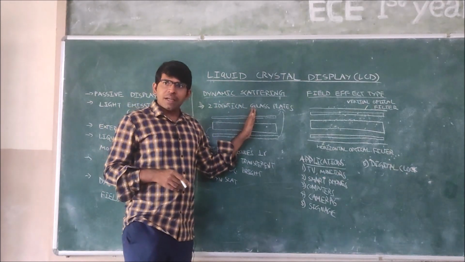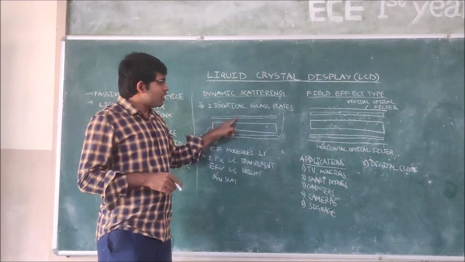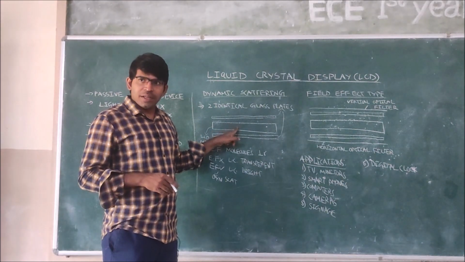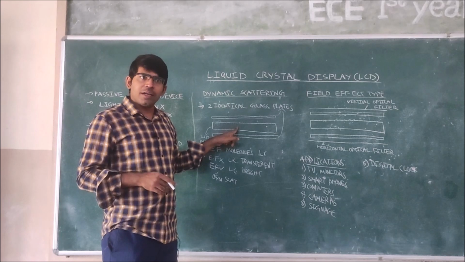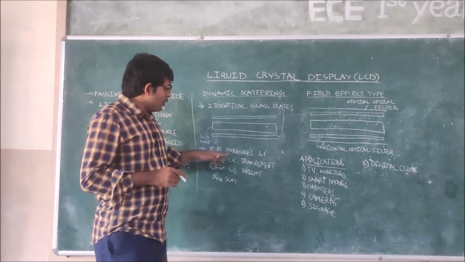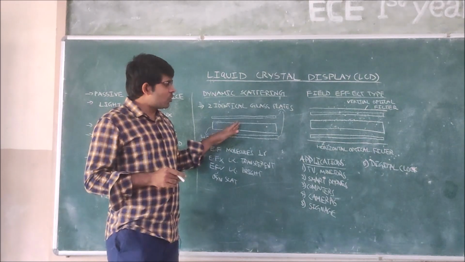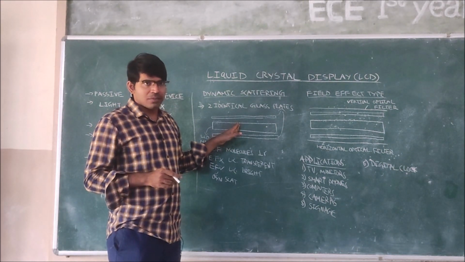In the dynamic scattering type, we are using two glass plates, and this is the LCD material, either nematic or cholesteric. When the light is falling on this glass plate, because it is transparent, it will go to the LCD material.